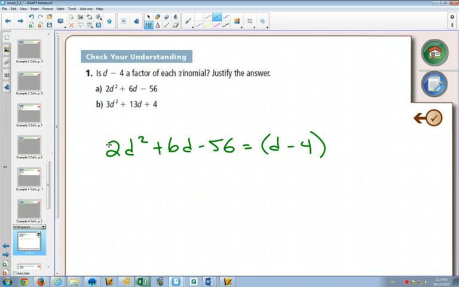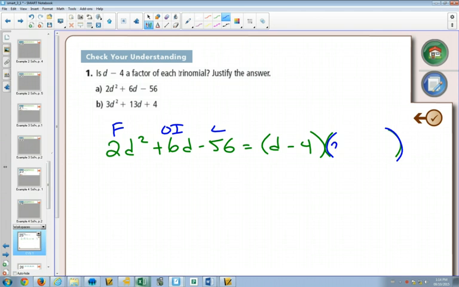If it says check if this is a factor, then when I go to my second set of brackets, maybe I'll do them in a different color. Well, if this is my first, my last one's multiplied, and 6d is my outside and my inside together, then what would have to be here in order for those first ones to work out?